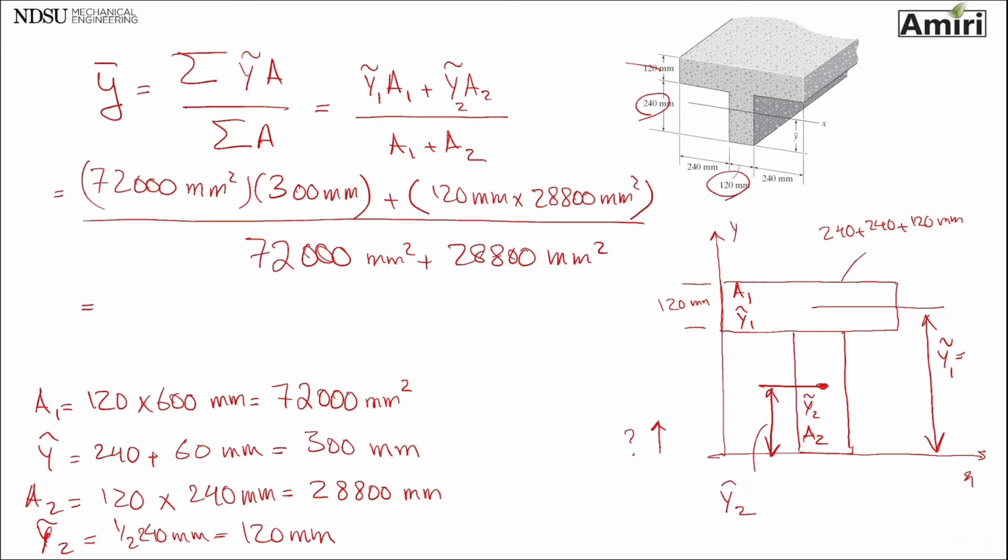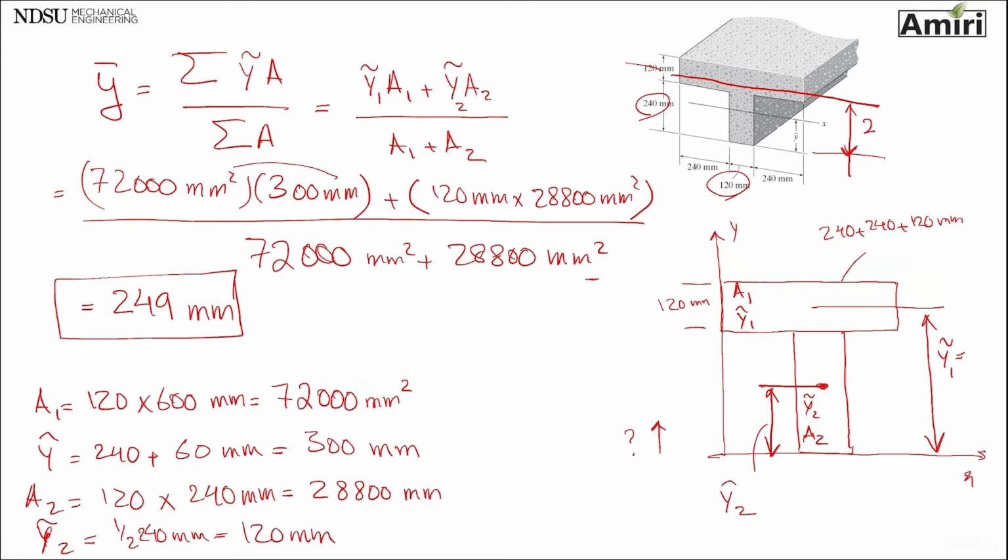As you can see, the unit on top is millimeter cubed, on the bottom is millimeter squared. The result of this, if you do the math, you're going to get 249 millimeters. Basically this length is 240, so the centroid is going to be somewhere here, a little bit more than 240. 249 mm is going to be centroid.